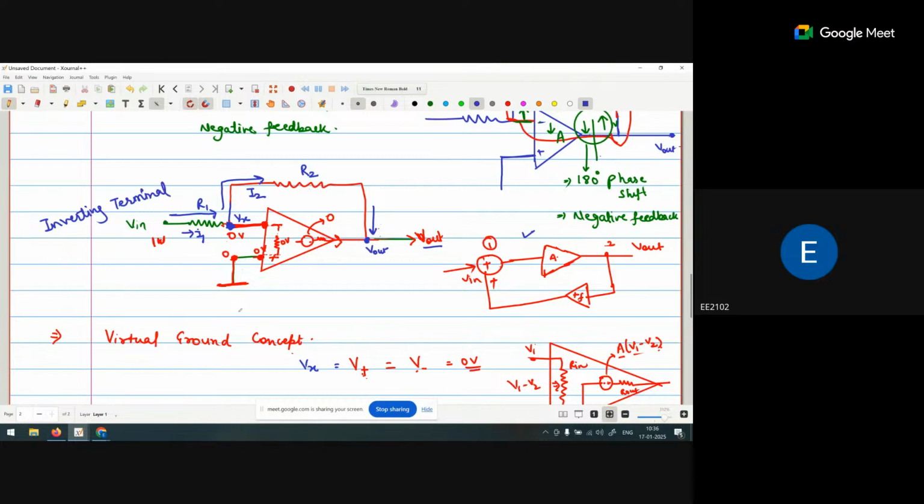The inverse of the applied voltage is received at the output side. Or we can say we are getting Vout and Vin with a 180-degree phase shift.